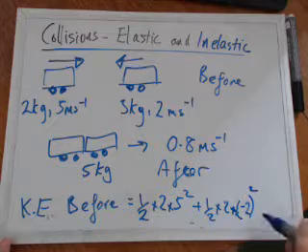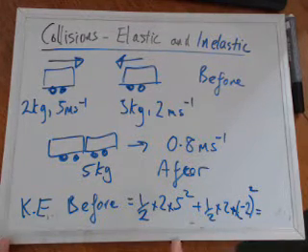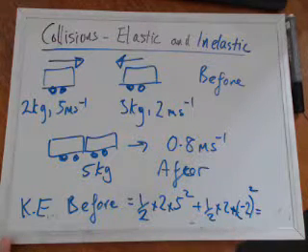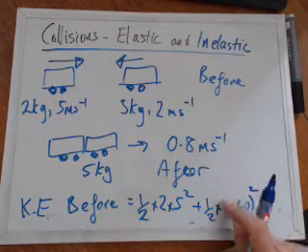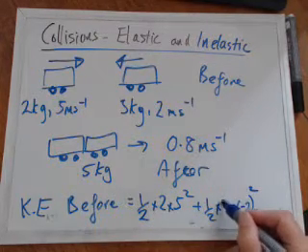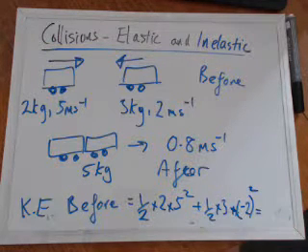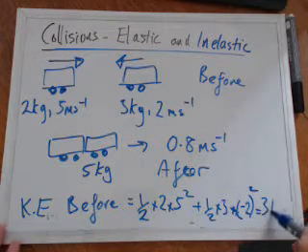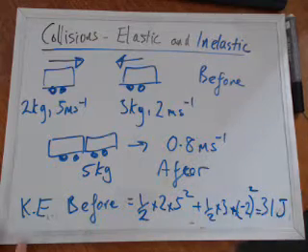That comes out to 25, and this comes out as 6, so that gives a total of 31 joules. That's the kinetic energy before the collision, 31 joules.